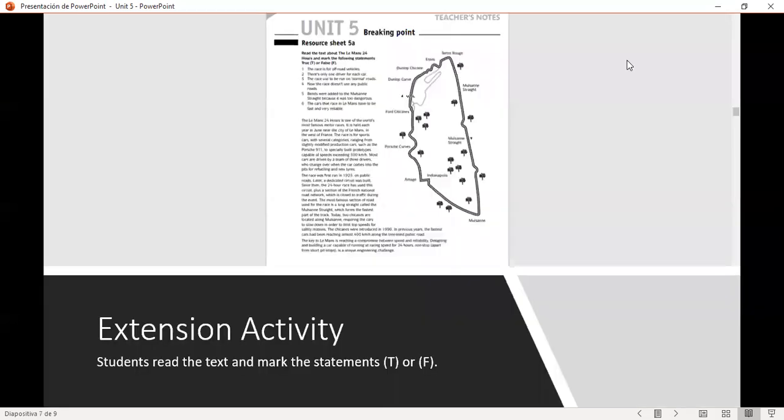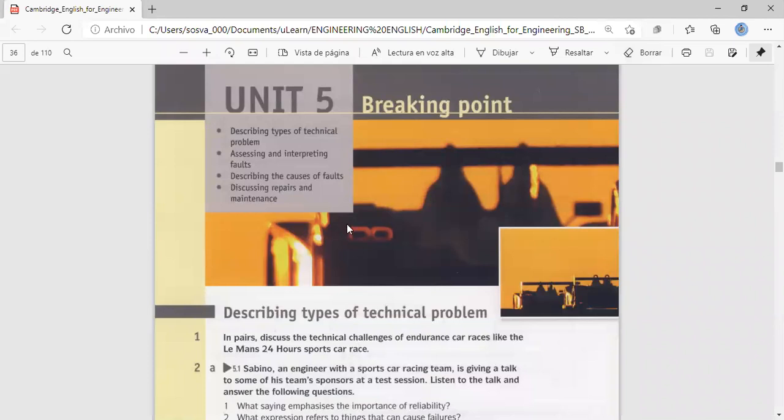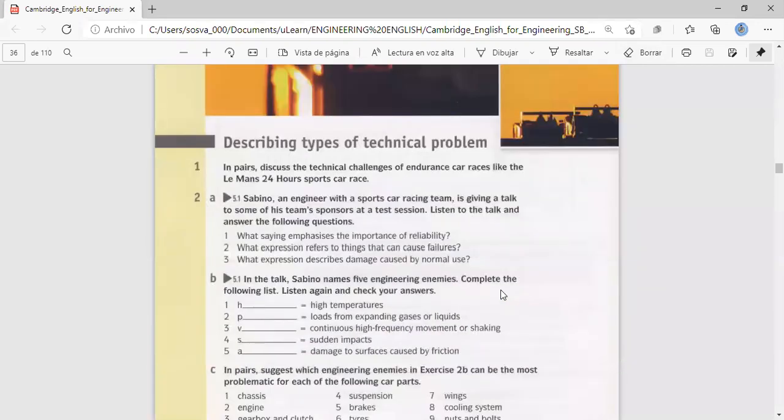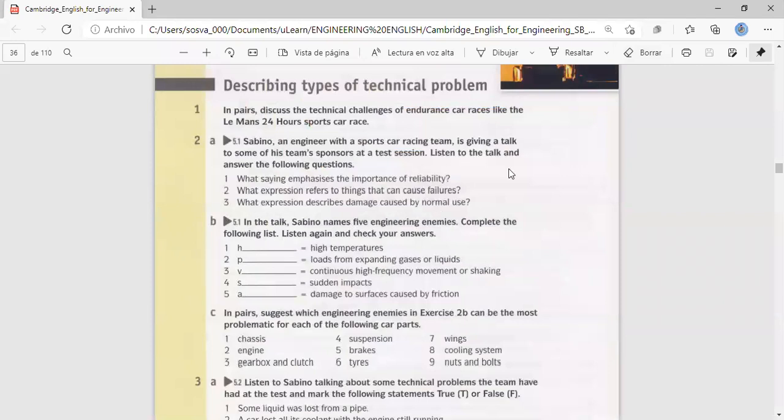So in your book, you might see this picture, breaking point. We have the picture of two cars, actually Formula One cars. And that's my question: which challenges, problems, issues do you think the car races like the Le Mans 24 sport cars need?